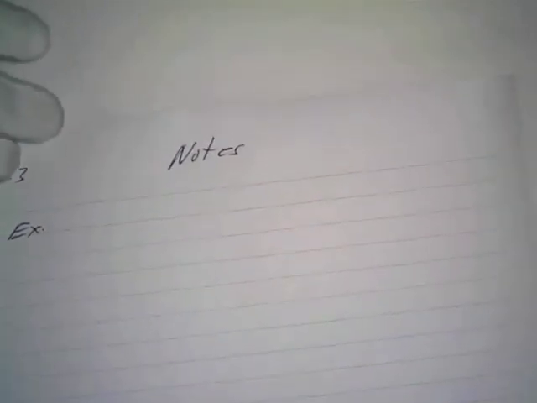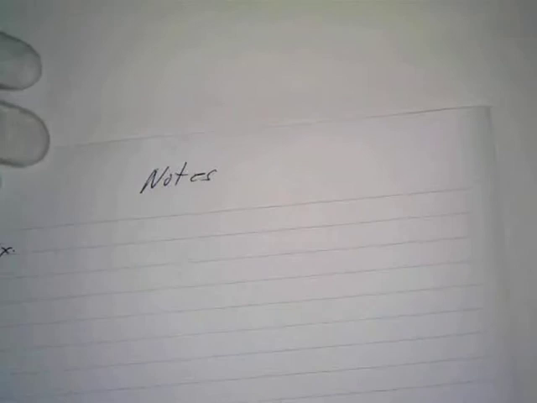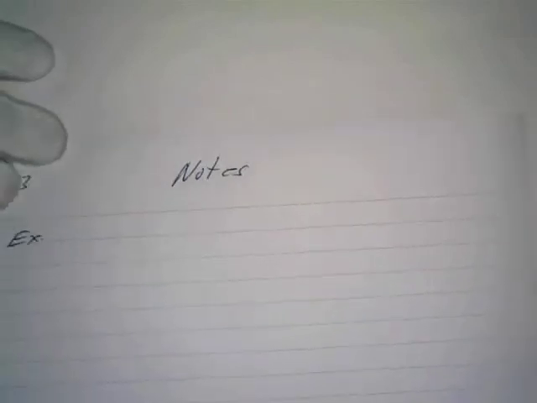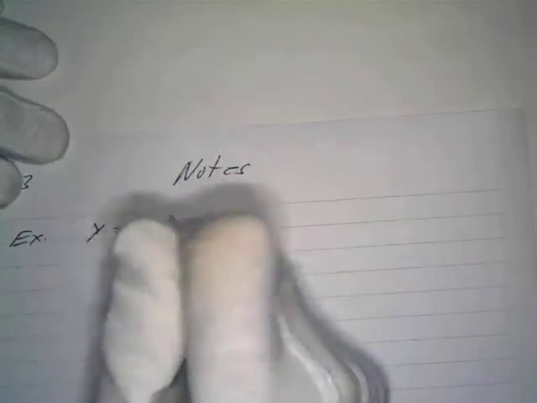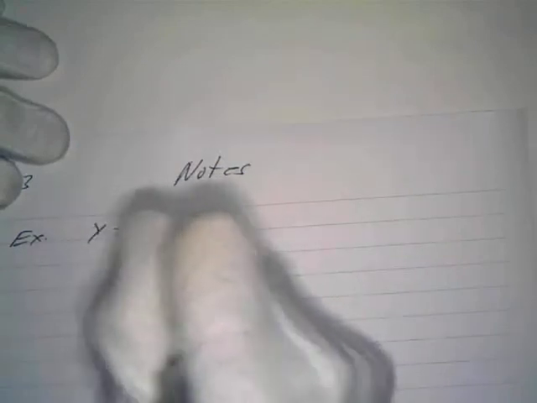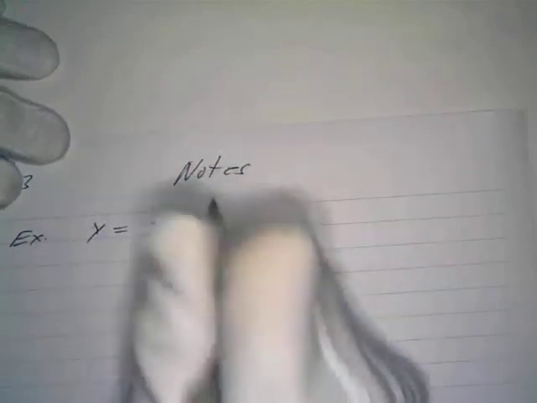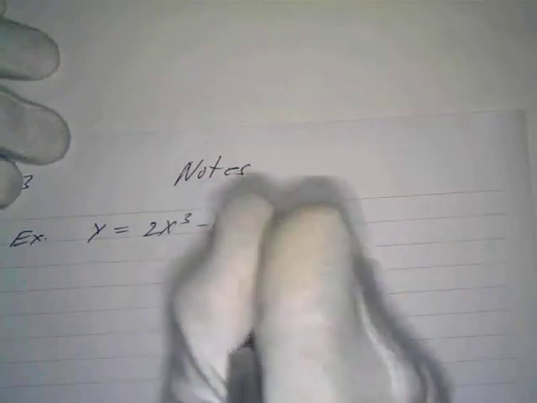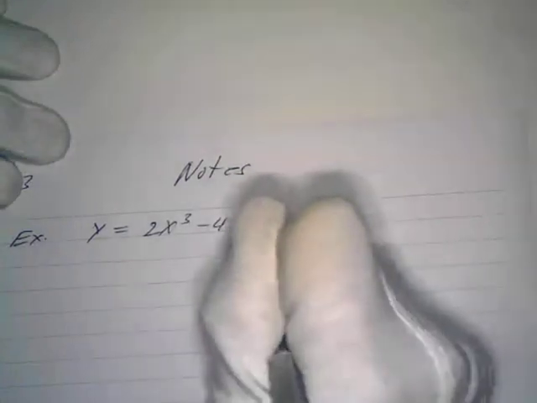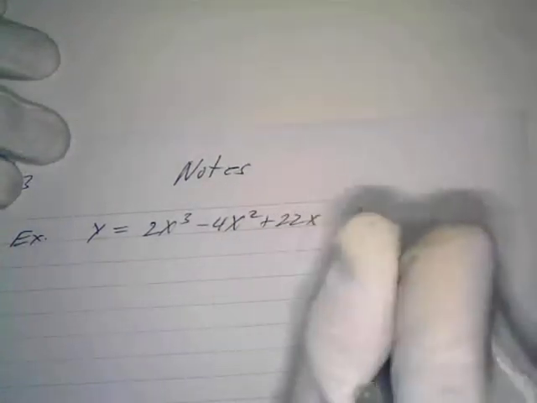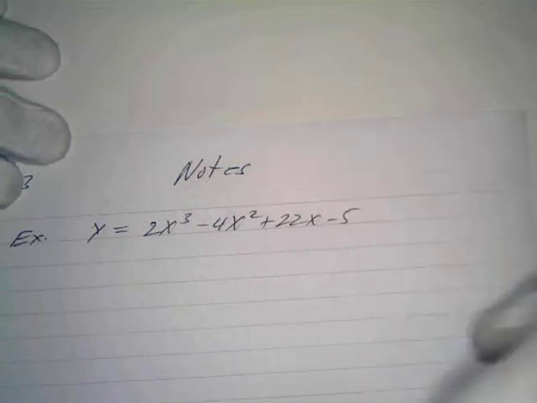This is kind of a velocity function, but we'll just call it f of x for now. Or y equals 2x cubed minus 4x squared plus 22x minus 5.